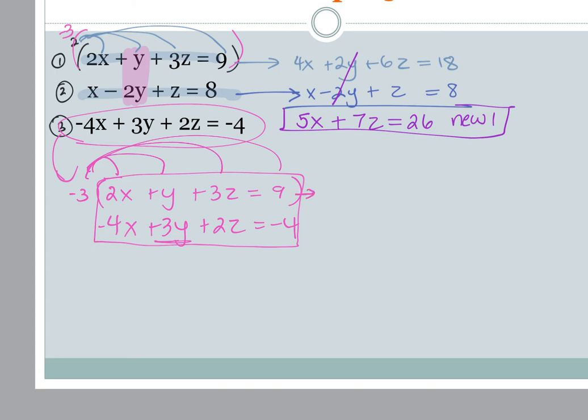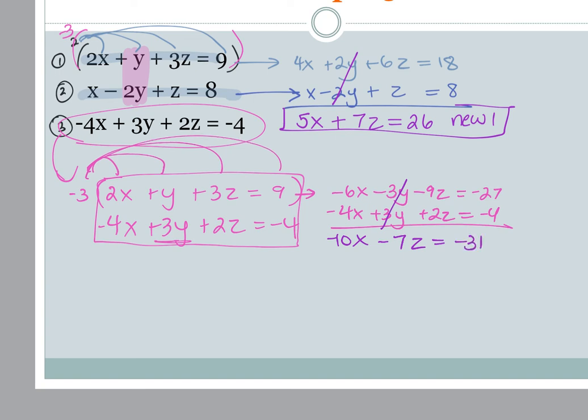So this would be -6x minus 3y minus 9z equals -27. And then -4x plus 3y plus 2z equals -4. This is -10x. The y's cancel, which was our goal. Minus 7z equals -31.